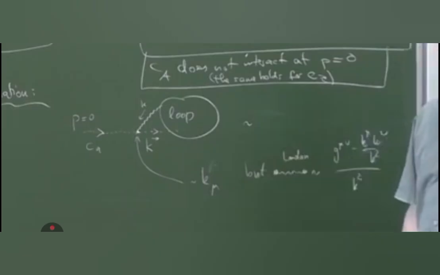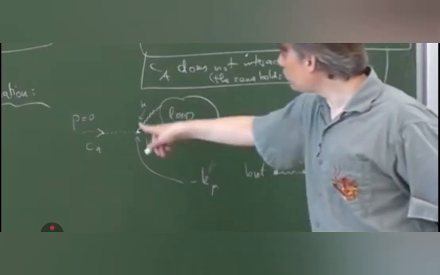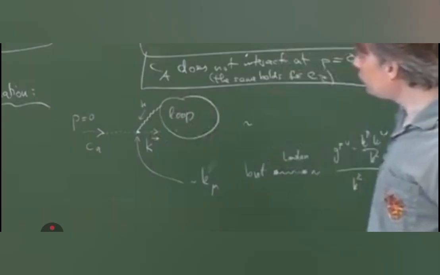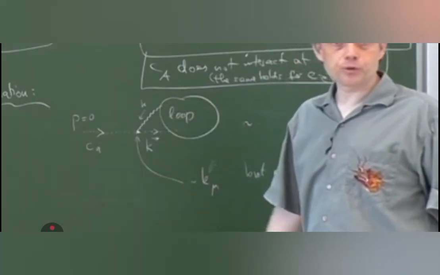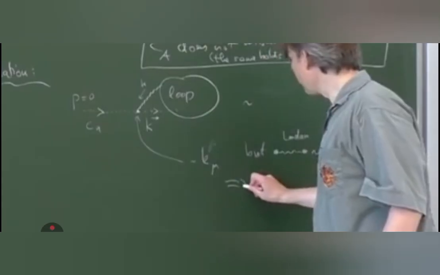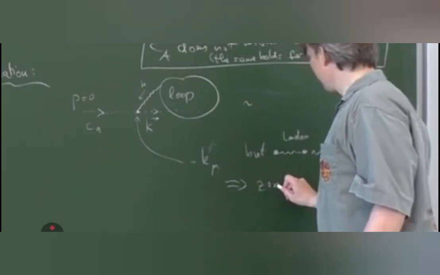And that is the reason why all loop diagrams with 0 momentum Faddeev-Popov ghosts vanish in Landau gauge. That is the explanation.